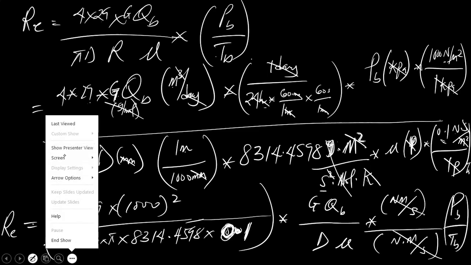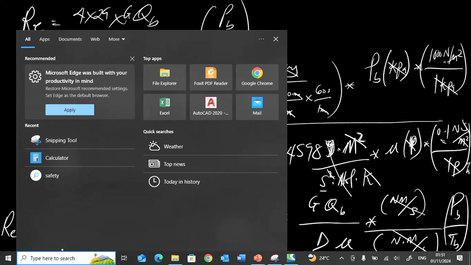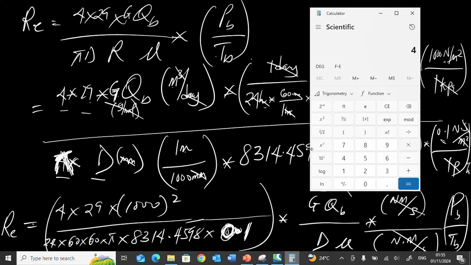Now let's get our calculator. 4 times 29 times 1000 square divided by 24 divided by 60 divided by 60 divided by 0.1 divided by 8314.4598 divided by pi, equal to 0.513996.